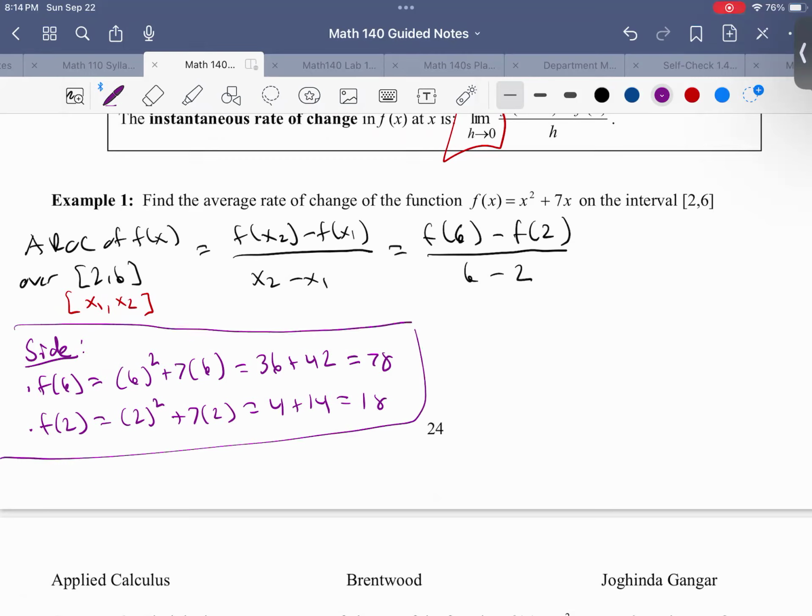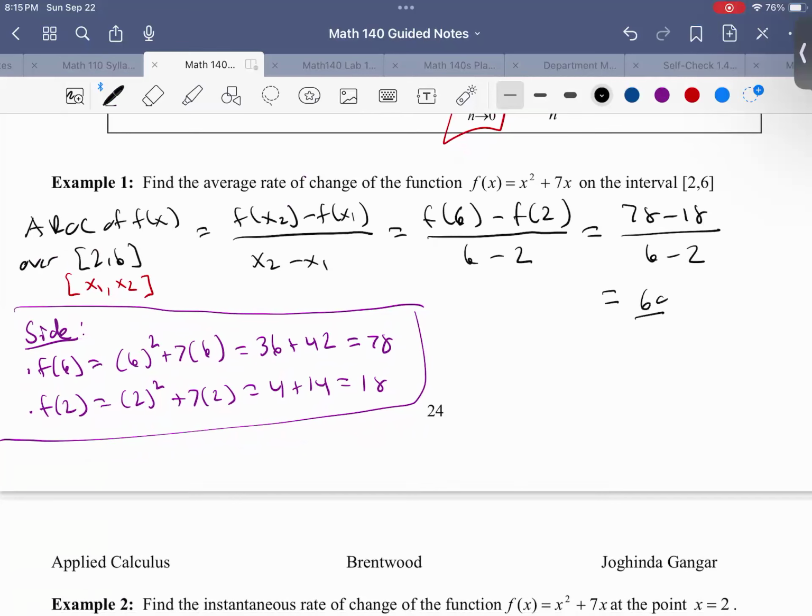Okay, so that's my side work. Let me go ahead and plug these guys back into the equation. So I have 78 minus 18 over 6 minus 2. All right, so that's just 60 over 4, which just equals 15. And that's my average rate of change over that interval.